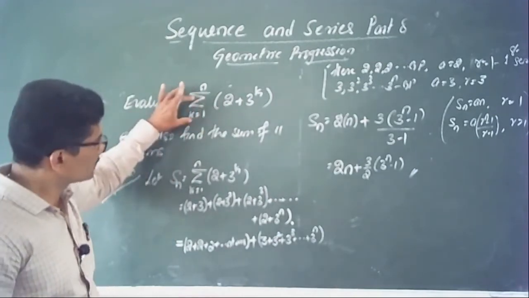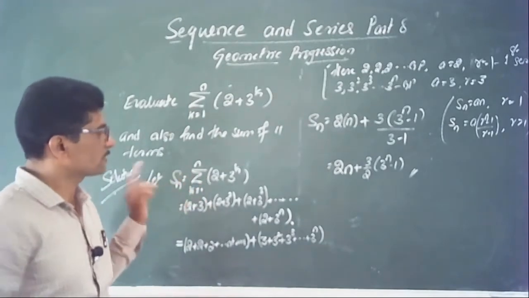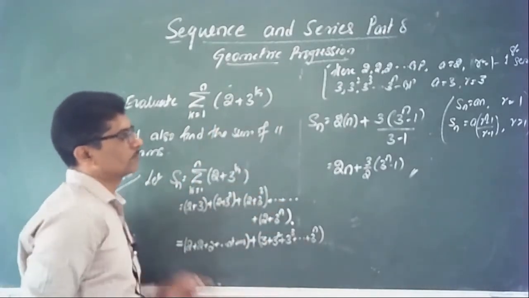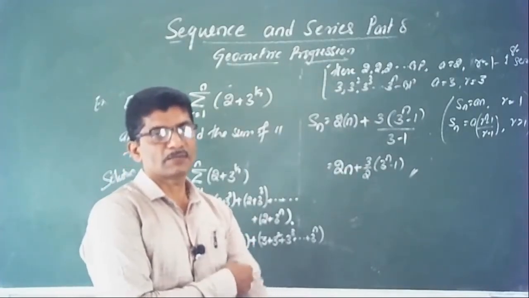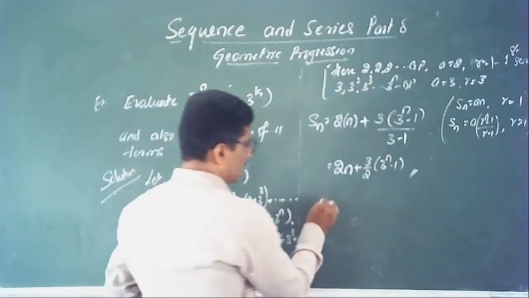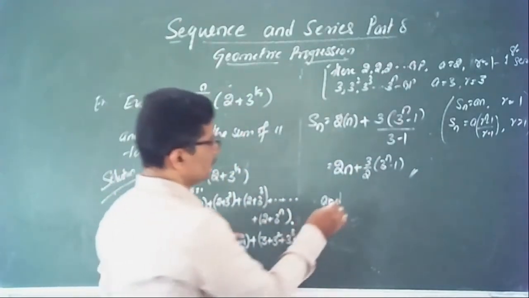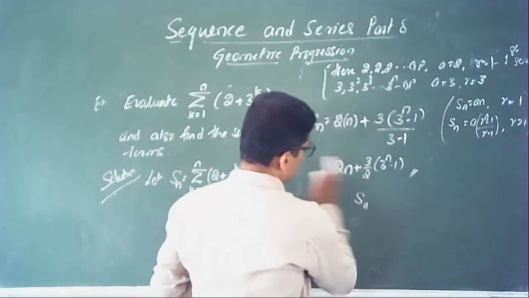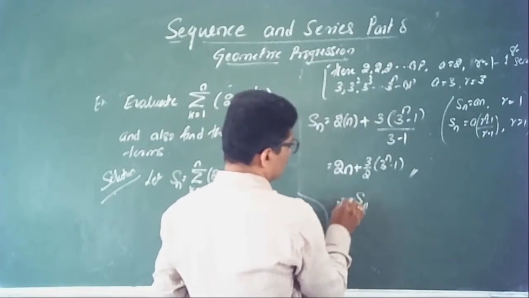It is clear. The value of this Sn is equal to 2n plus 3 by 2 into 3 raised to n minus 1. And here, finding the sum to 11 terms, write directly. When you put the particular value, you get the particular result.